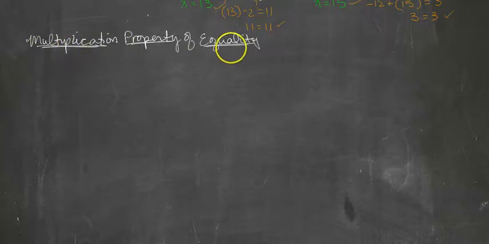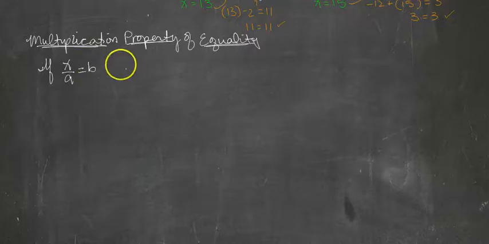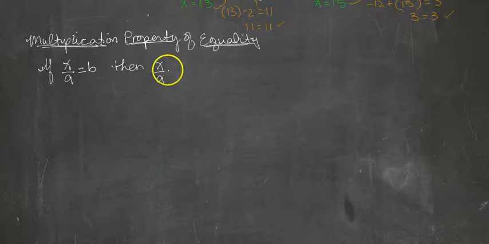Okay, so the multiplication property of equality says that if x over a equals b, then x over a times the reciprocal of a, the inverse of a, equals b times the reciprocal of a.